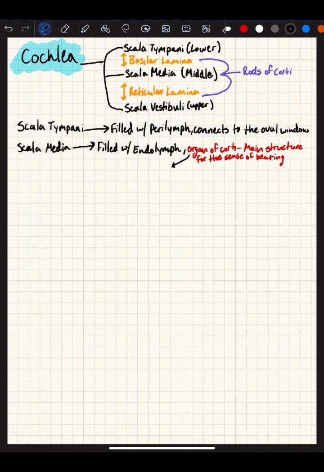So 20 hertz is the lowest frequency noise that we can hear, and 20,000 hertz is the highest frequency that we can hear. And of course, as you saw in the diagram, the organ of Corti is comprised of basilar and reticular lamina.